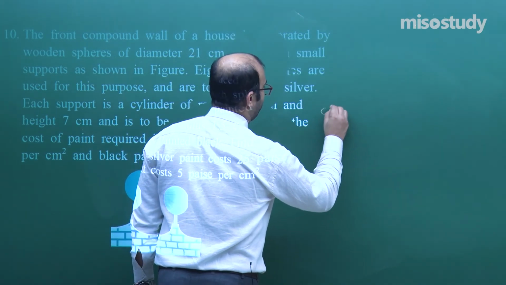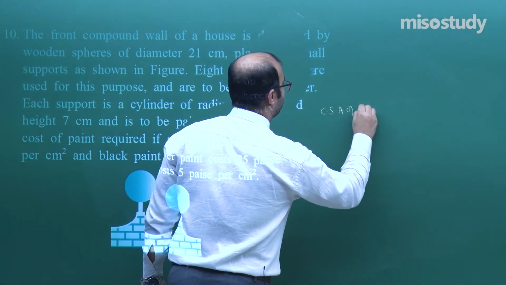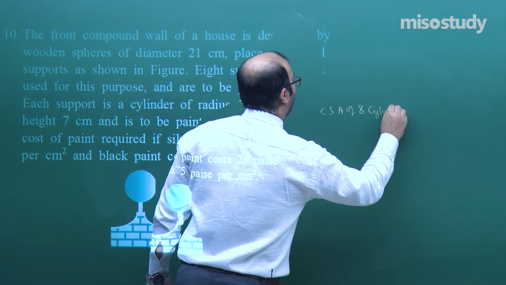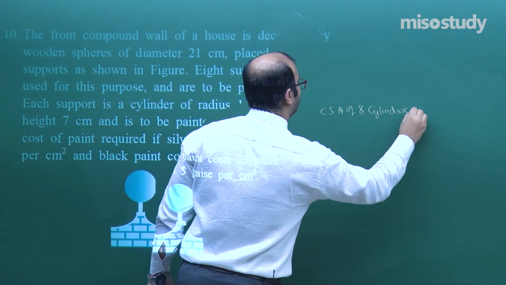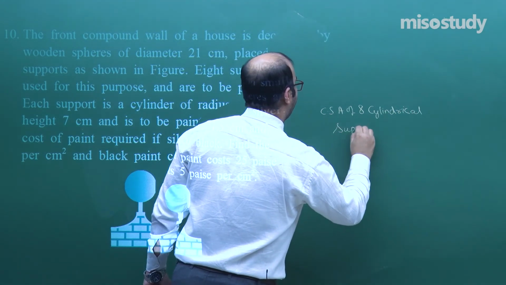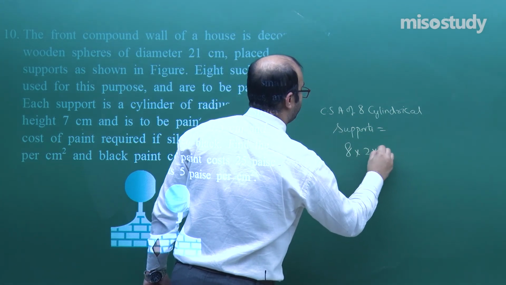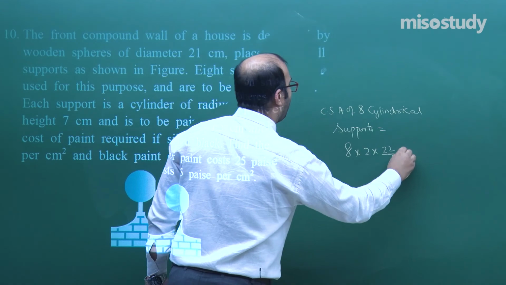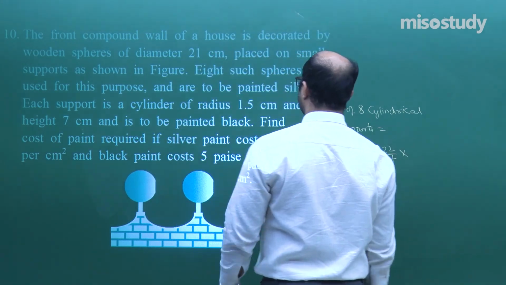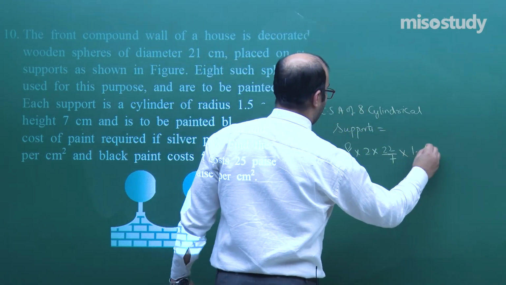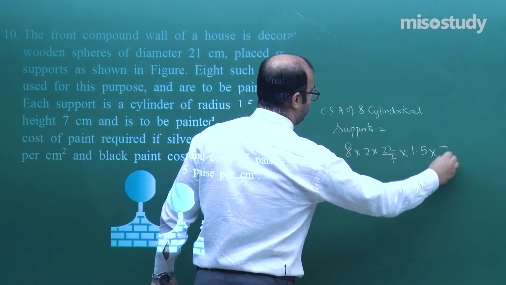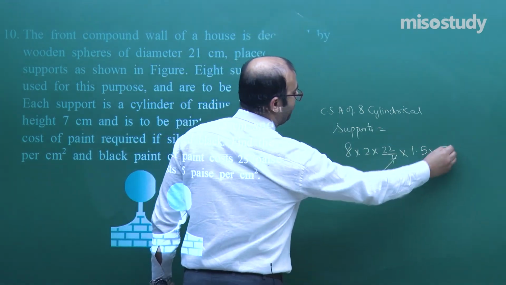So, first the curved surface area of 8 cylindrical supports: 8 into 2 pi rh, that is 2 into 22/7 into r, the radius, which is 1.5 centimeter, and height is 7 centimeter. So, we can directly cancel 7 and 7.